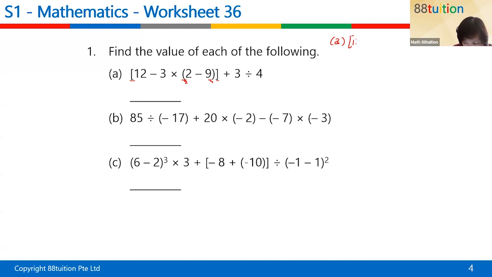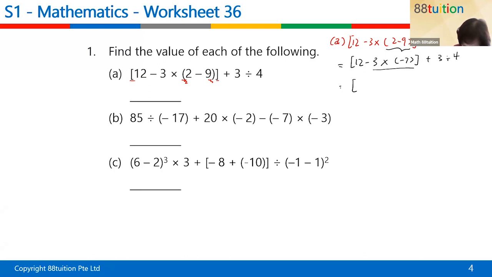We have 12 minus 3 times this, and that's 3 divided by 4. So I have to do 12 minus 3 multiplied by minus 7, plus 3 divided by 4. Now we have this multiplication.